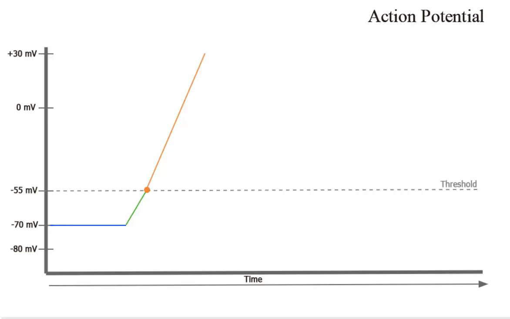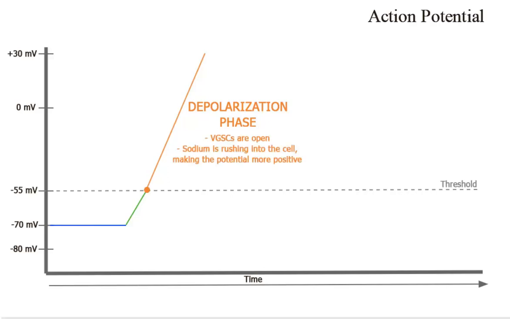This is what we call the depolarization phase of the action potential, which is represented here on the graph. The key here is that during the depolarization phase, the voltage-gated sodium channels are open, and you have active depolarization of the membrane, meaning that the membrane potential is becoming more positive.